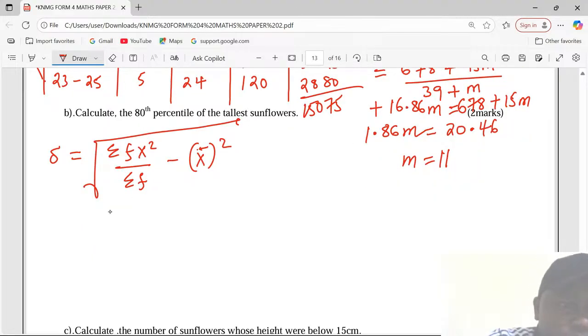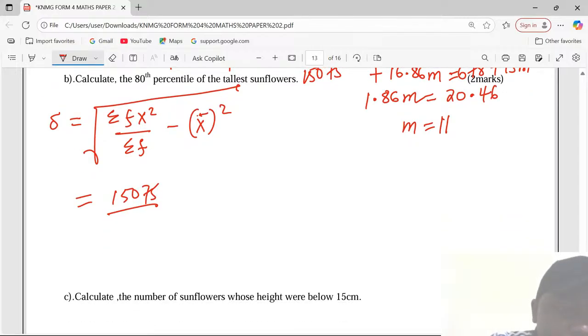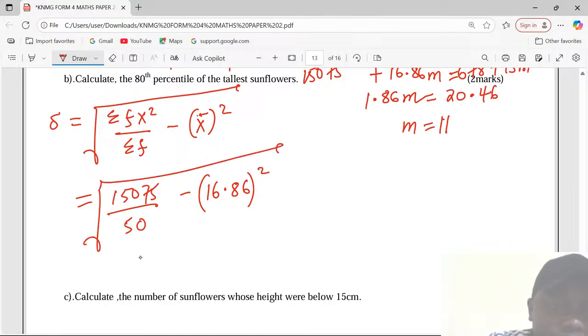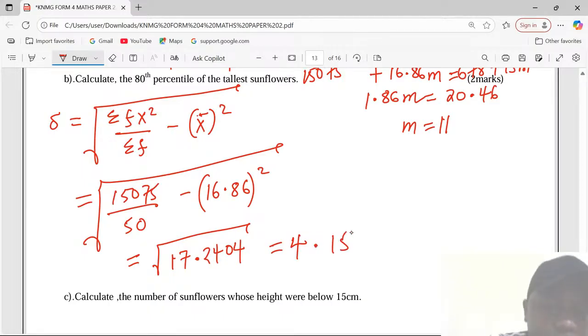So now we need 15075 out of total frequency, which is 50, minus the mean, which is already known, 16.86 squared. Then we take square root. So we shall be having the square root of 17.2404, whereby the final answer shall narrow down to.